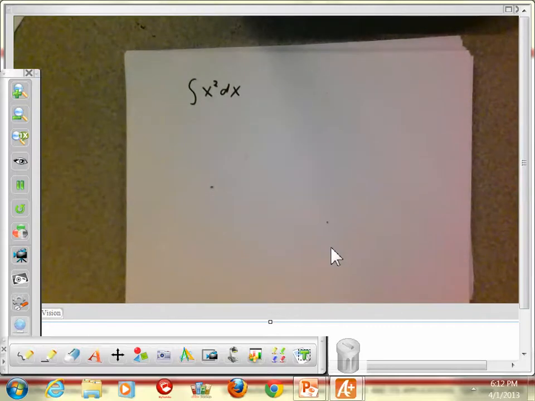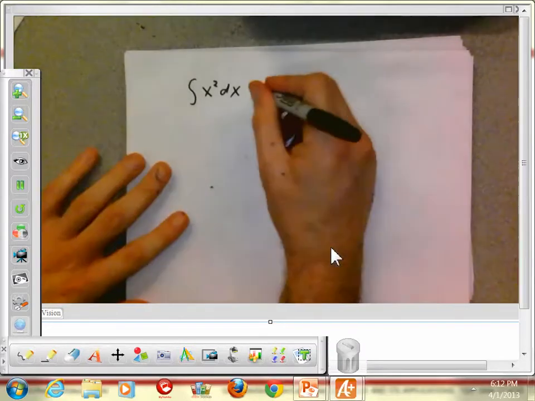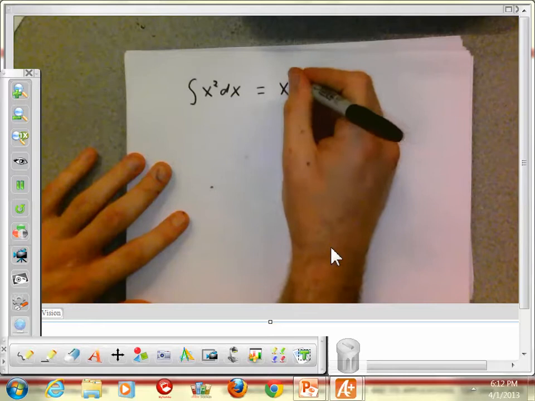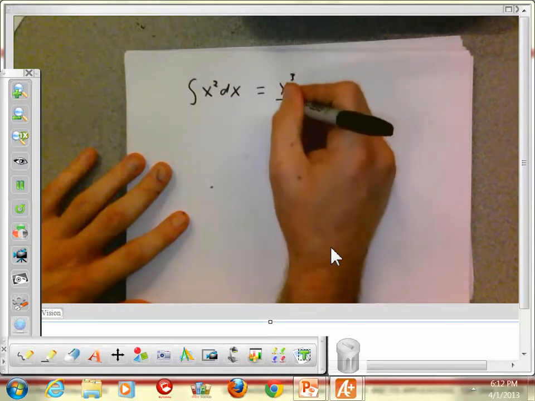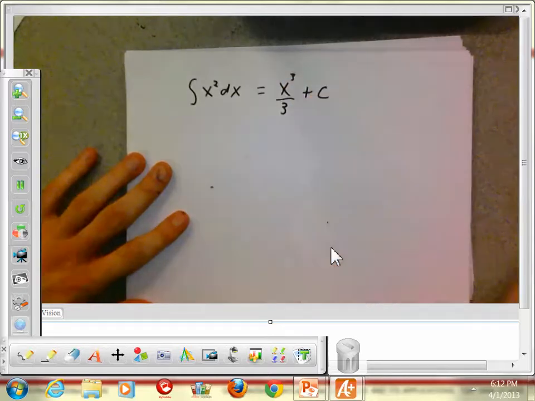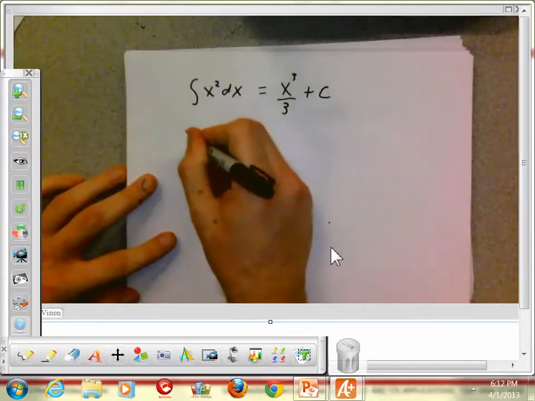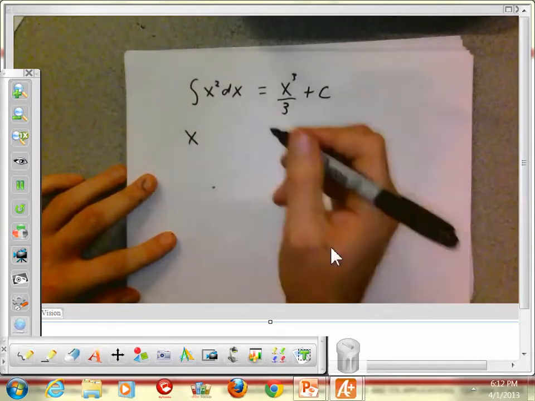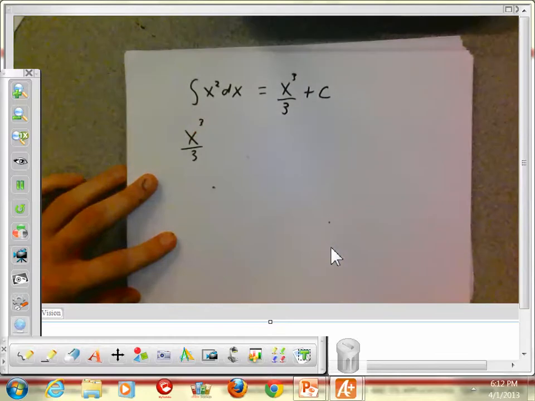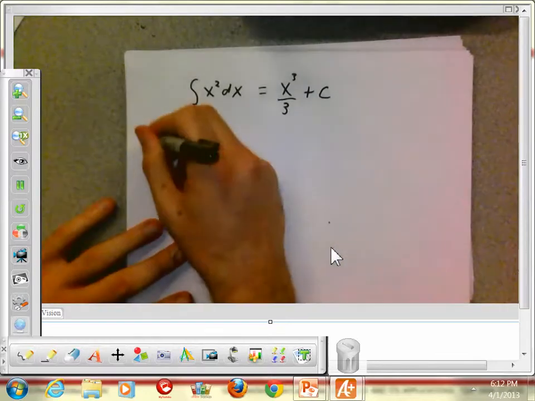What would be an antiderivative of this? Yes, we add 1 to the exponent and divide by that exponent, so this would be x cubed over 3 plus c for my constant. So someone said for an antiderivative we could use x cubed over 3 where my constant term is 0. That's one antiderivative. I'll call that f1 of x.